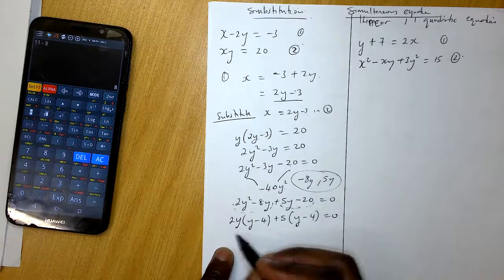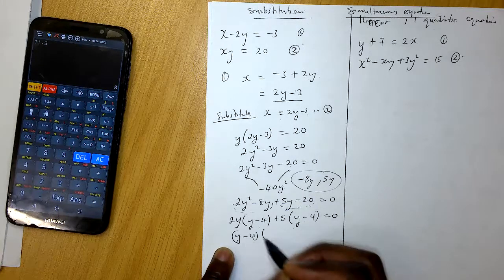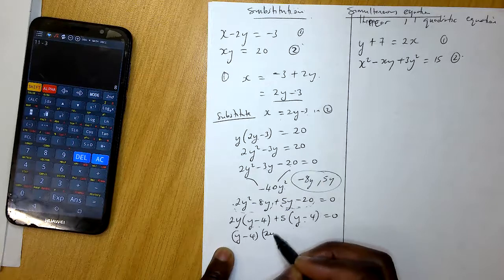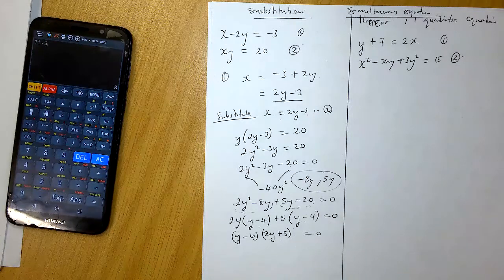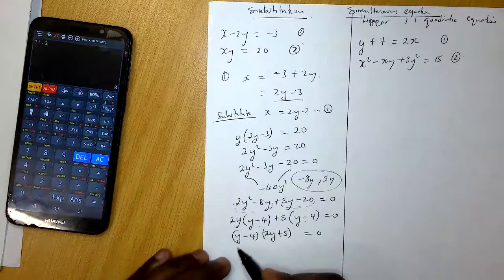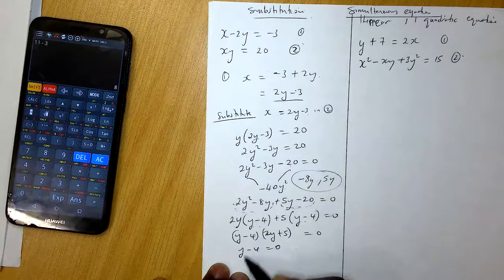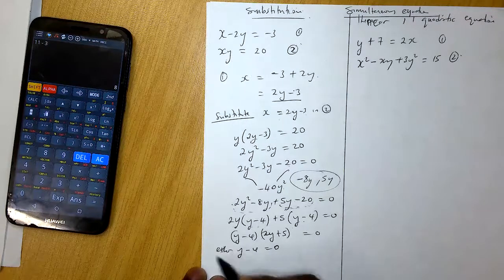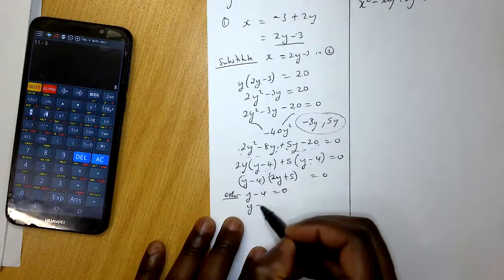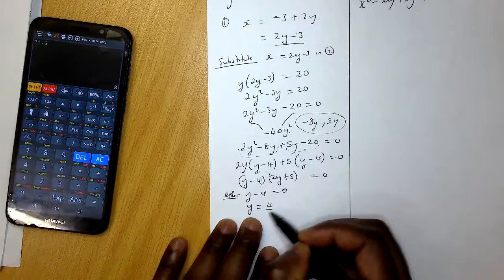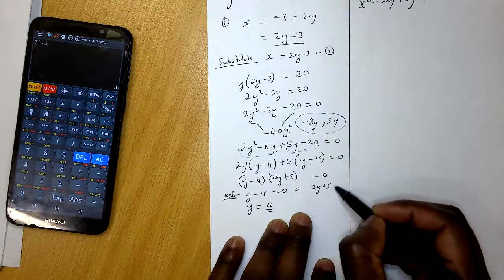You take what is common, y minus 4, then 2y plus 5 is equal to 0. Now, remember what we said: either y minus 4 is equal to 0, and y becomes 4, or 2y plus 5 is equal to 0.